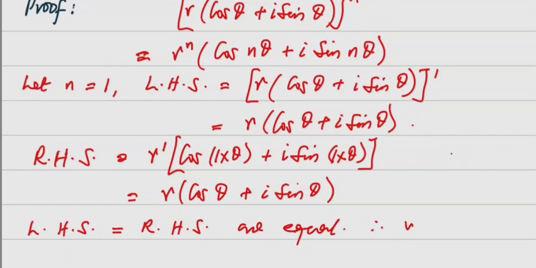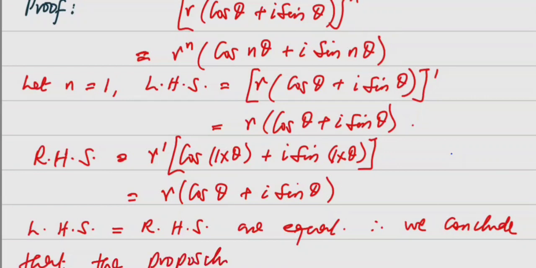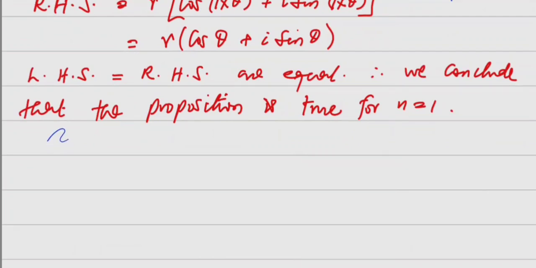Therefore, we conclude that the proposition or theorem is true for n is equal to 1. So the next step is to assume that it is true for n is equal to k.